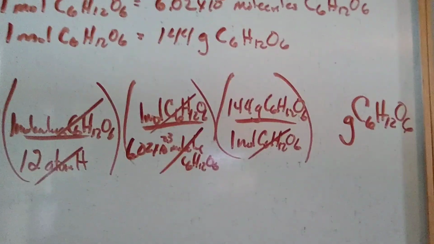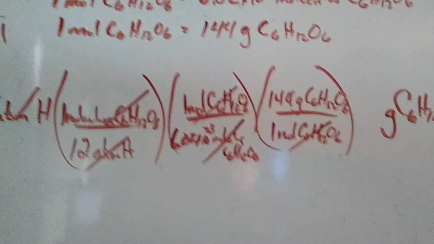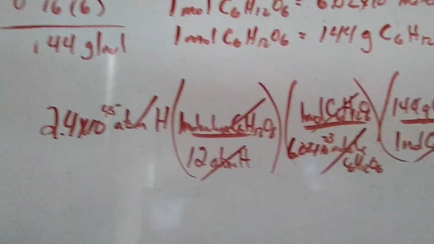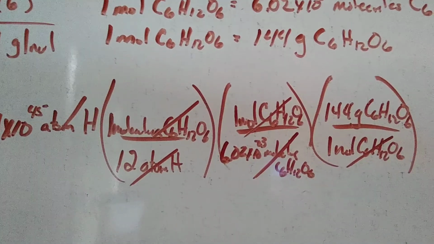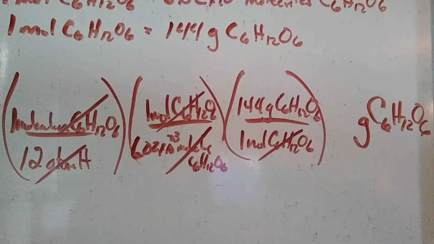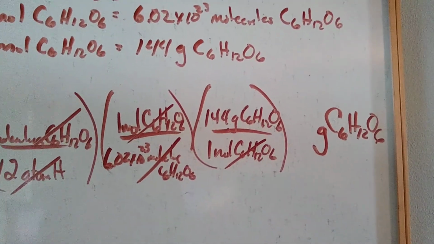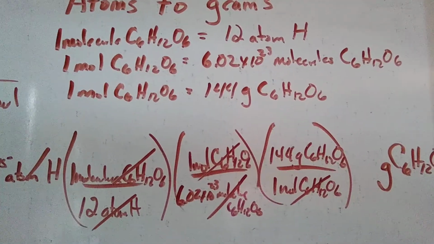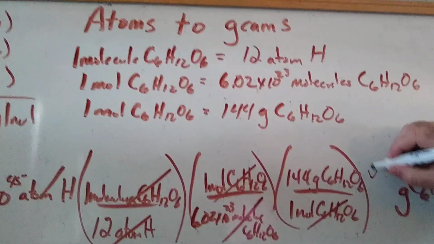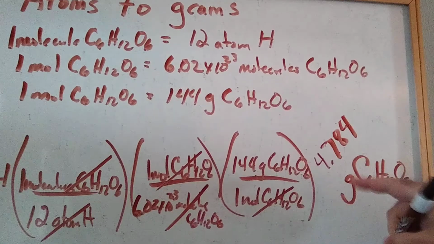And we have 2.4 times 10 to the 45th, divided by 12, divided by 6.02 times 10 to the 23rd, times 144, and we come out with 4.784 grams.